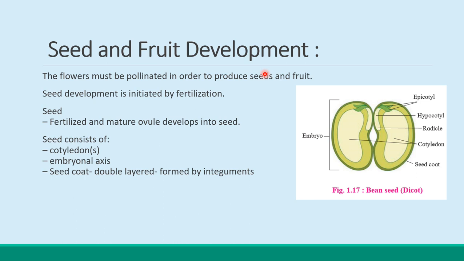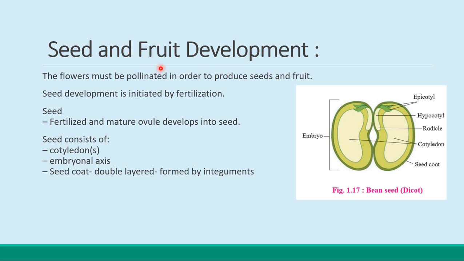The main goal of reproduction in every living organism, including plants, is to create offspring for the next generation. One of the ways that plants can produce offspring is by making seeds.